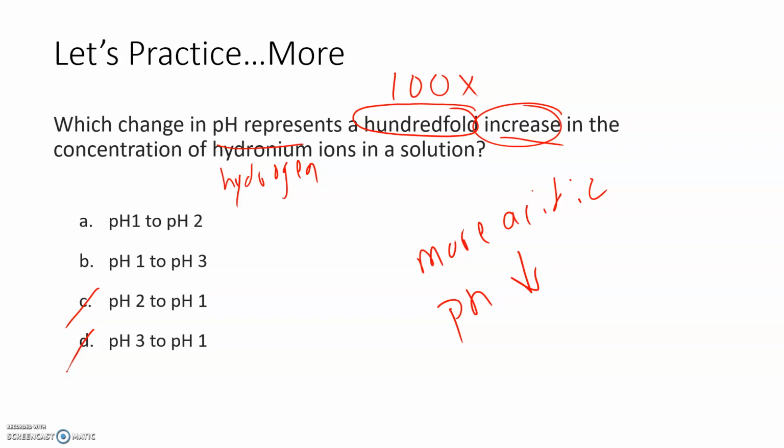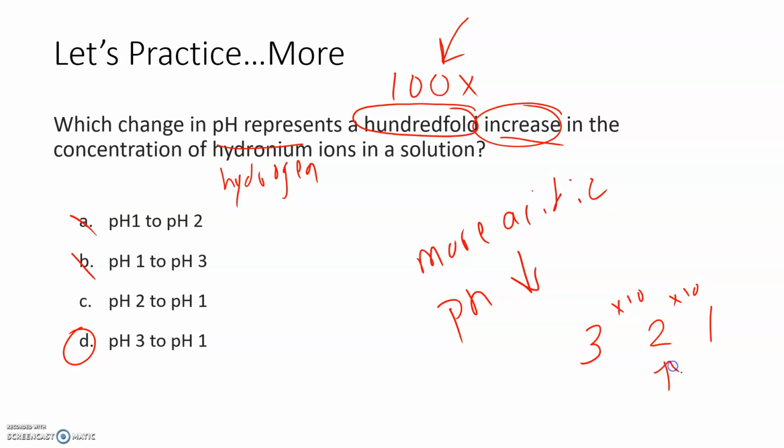I'm going to cross out A and B, because A and B have the pH going up, which means the solution is becoming less acidic. All right, so now between C and D. It tells me here I have a 100-fold increase in the hydrogen ion concentration. The correct answer is going to be D, because as I go from 3 to 2 to 1, again, between each number in the pH scale, there's a 10 times difference in the hydrogen ion concentration.